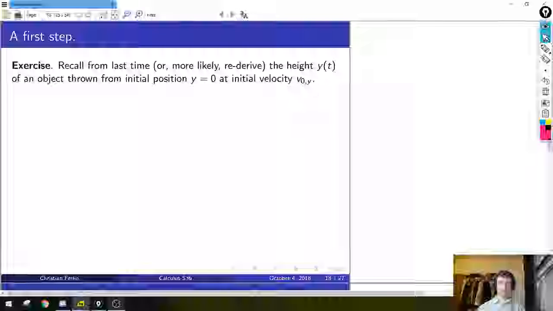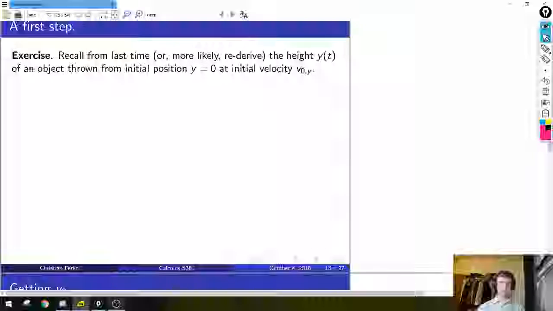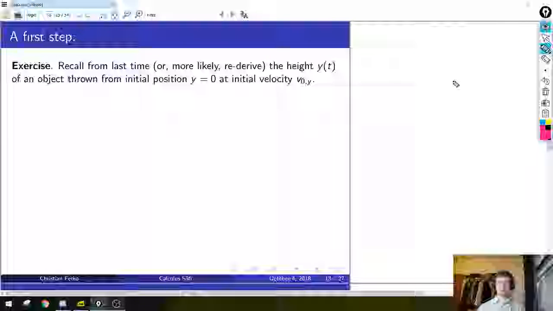If we throw something in a gravitational field, so maybe I throw something upward with initial velocity v0y, and there's a gravitational force mg downwards, then where is this guy at all times? What's y of t?